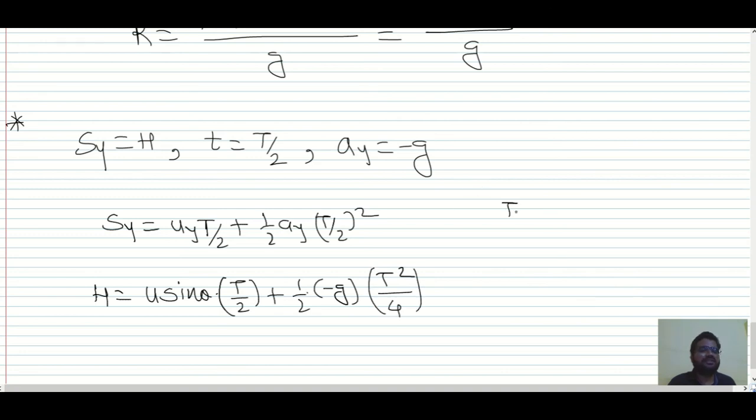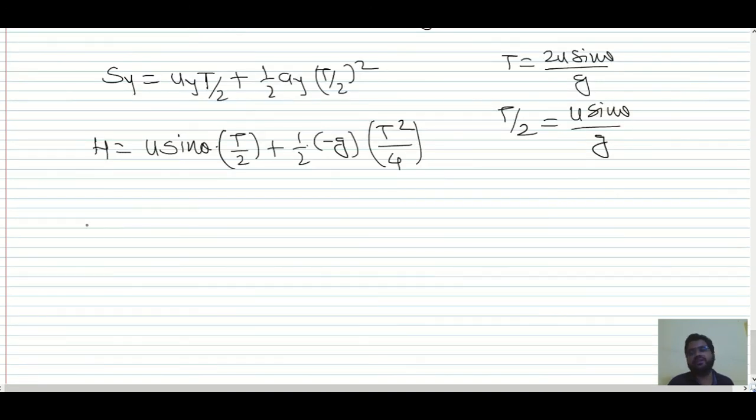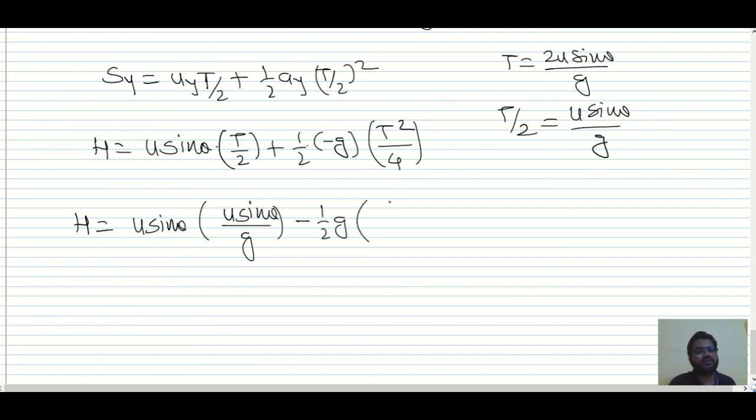Now tell me, what is T? T is 2u sin theta divided by g. Just now we have calculated. So what is T by 2? It is u sin theta divided by g. Put this value over here and we'll get h is equal to u sin theta, in bracket u sin theta by g, minus 1 by 2 g, T squared by 4 gives u squared sin squared theta by g squared.